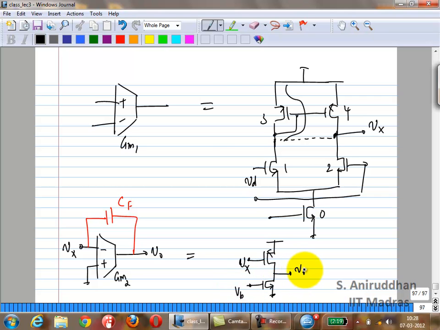This is just a biasing. So this is I1, this is I2. So I'll call this M7. M6 and M7. So now at last, we have an idea of what the two-stage op-amp is going to look like.